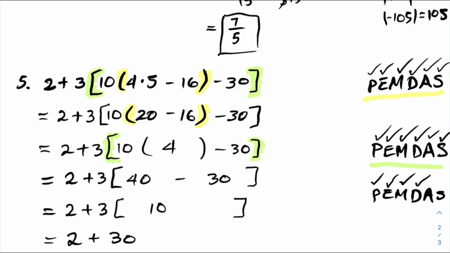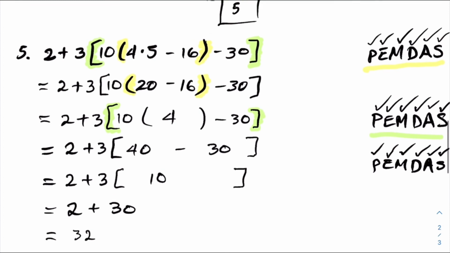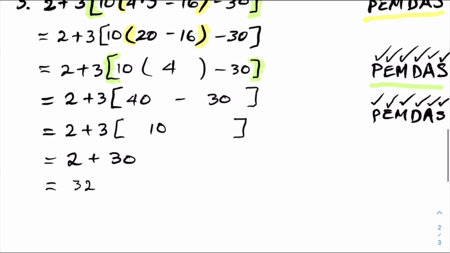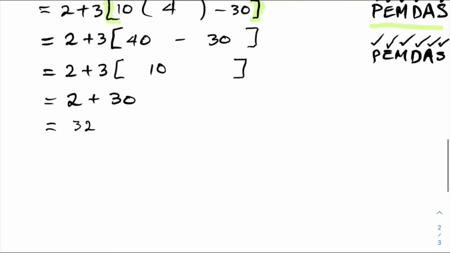So 2 plus 30 is 32. Addition is done. There is no subtraction. So the answer is 32.